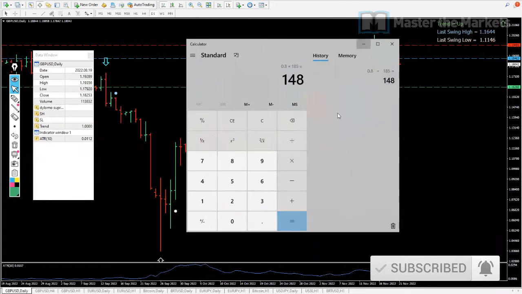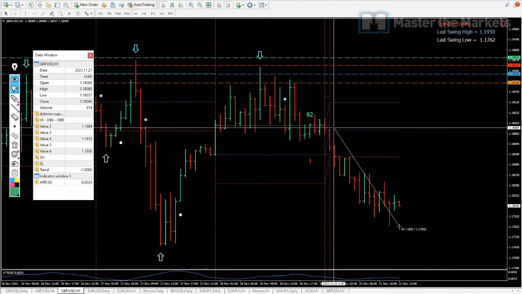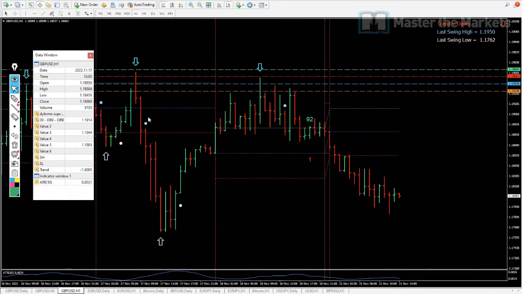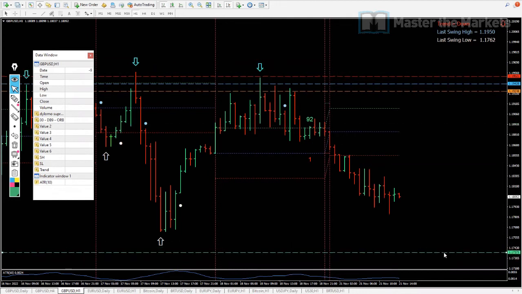That's 148. So 148 is what I'm aiming for. Roughly, it's still got a little bit more to go, and I'm looking at maybe 1.17377. That's what we are looking at as of now.